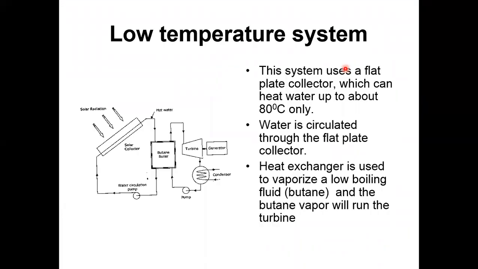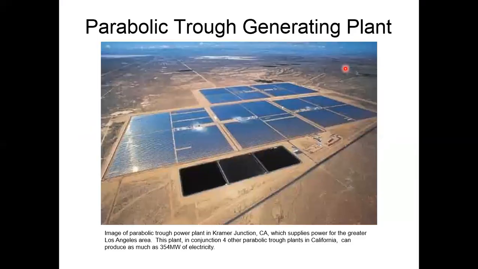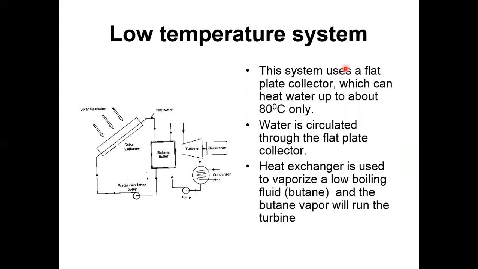Okay, so all these were the high temperature systems. We also have the low temperature system. Here it uses the flat collector, heating the water up to 80 degrees Celsius only, and water will be circulated through the flat collector. We can see the diagram here, so a butane boiler is available here.